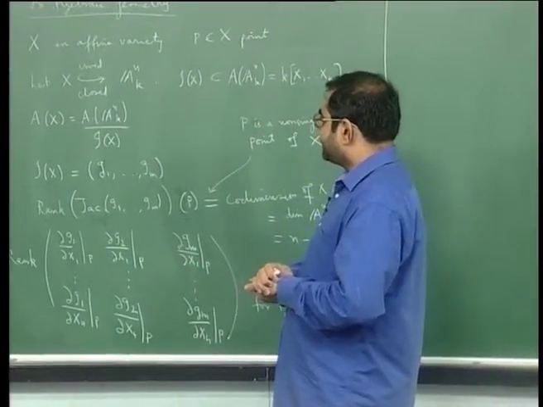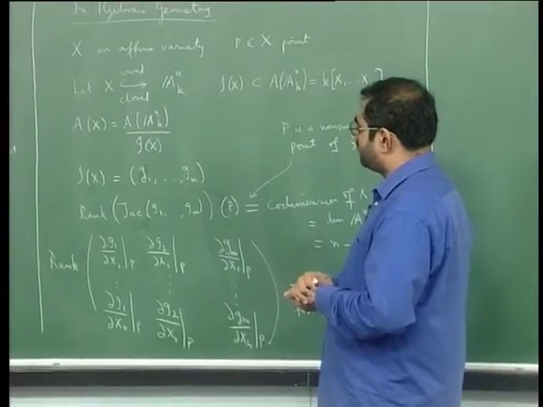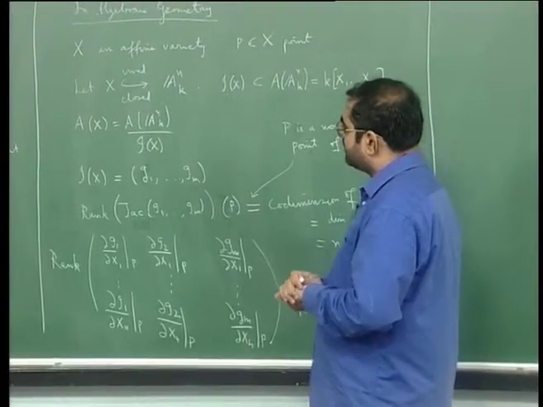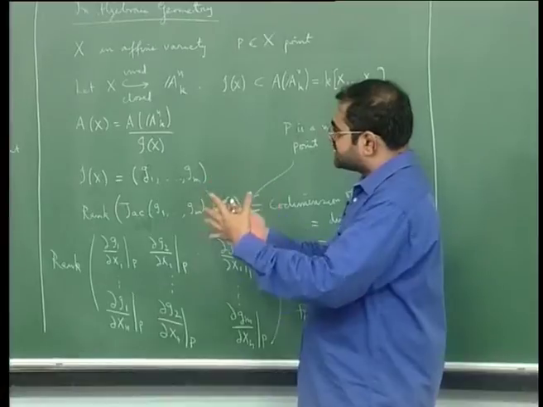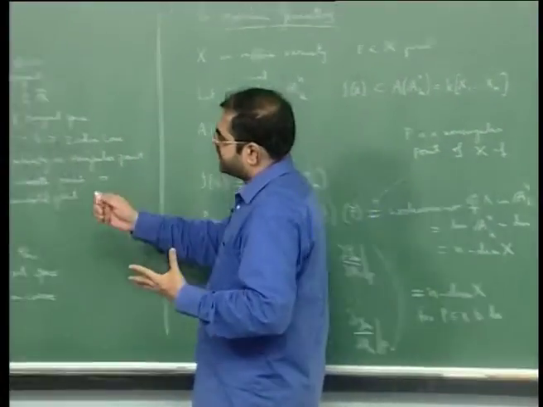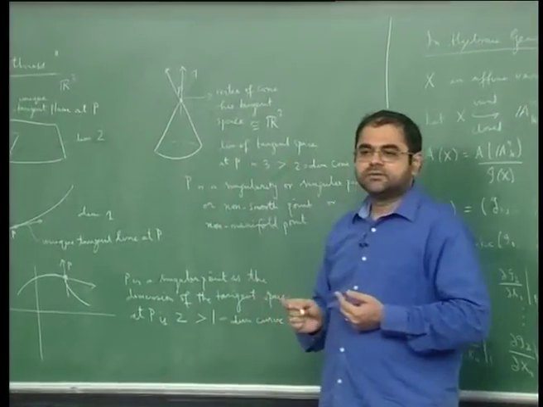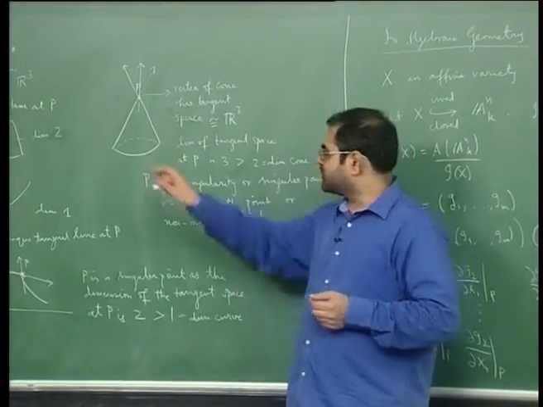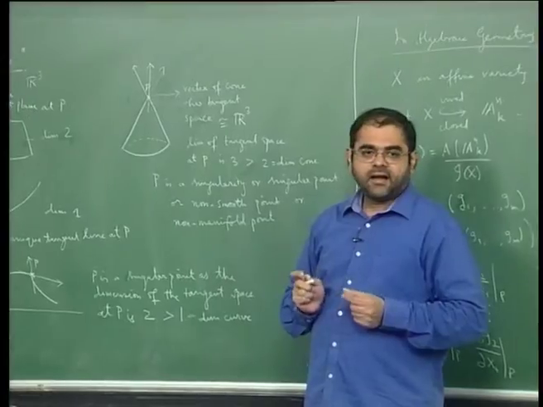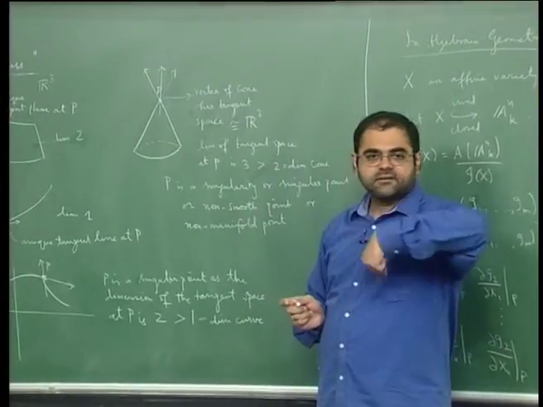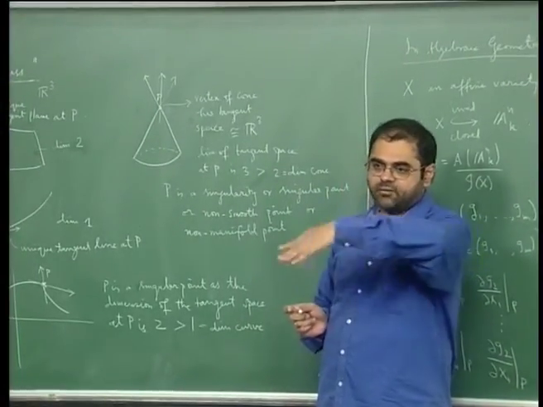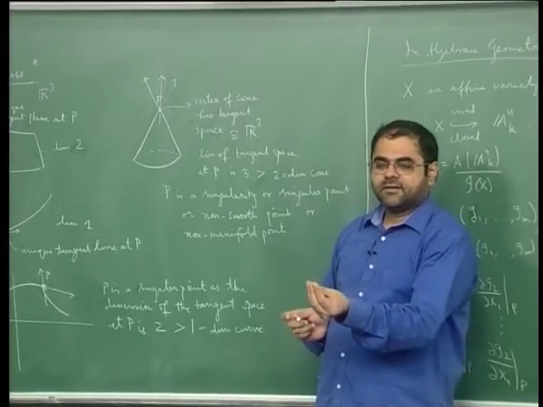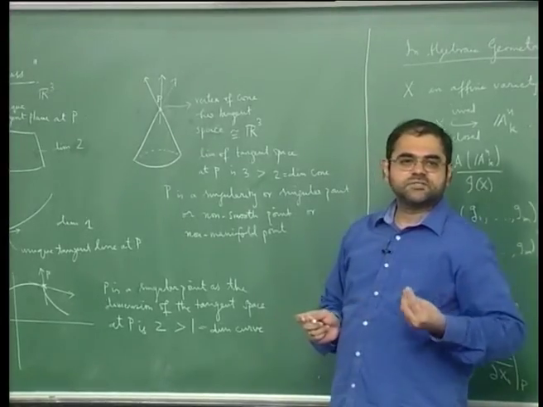So when you think of a variety, what one needs to remember is that there is a dense open set where it is smooth, like a manifold, a smooth object in analysis, and the complement of the open set is a closed set, the boundary, and that closed set will consist of singular points.